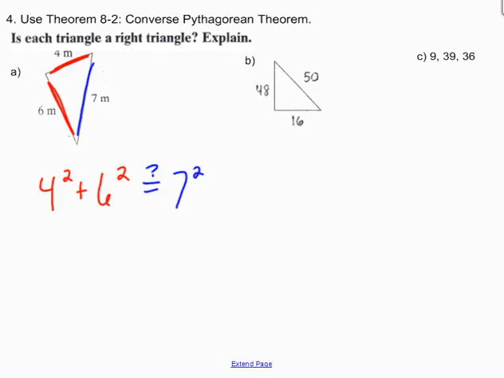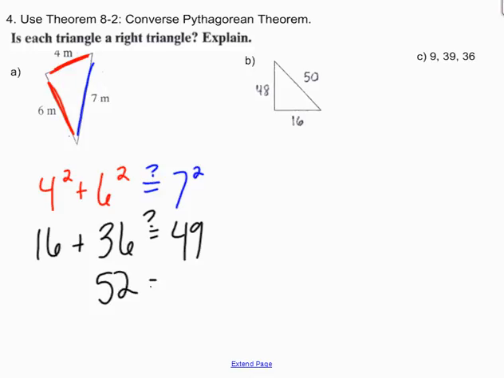So you simplify it. So 16, 36, 49. Combine, you get 52 equals 49, which is not. So no, it's not a right triangle because it doesn't satisfy the Pythagorean theorem.